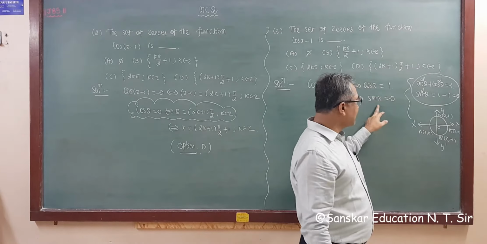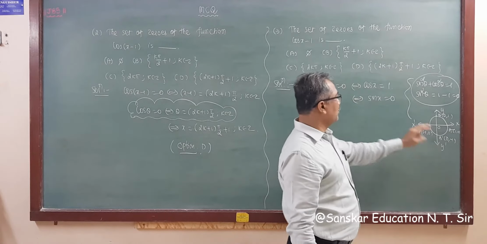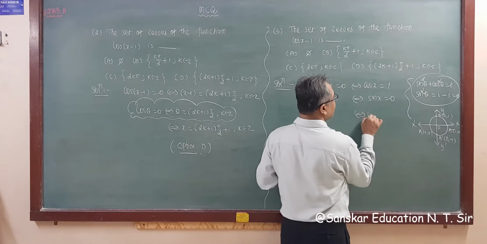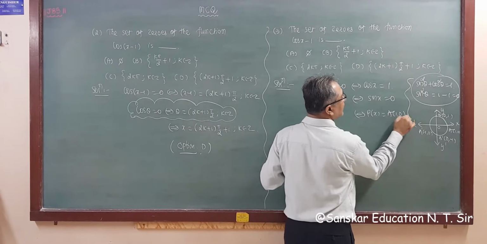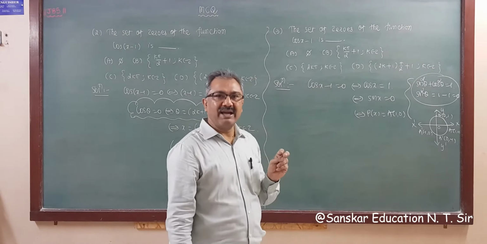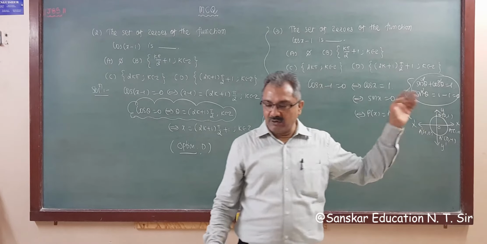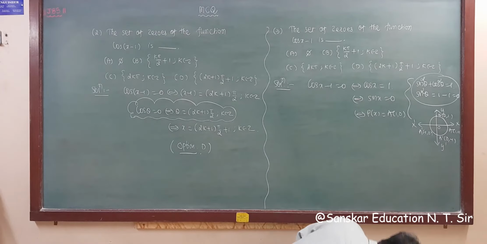So obviously this. So which point do we get? Then P(x) is equal to A(1,0). Now if we move along these sides, right? So what do we get for x?